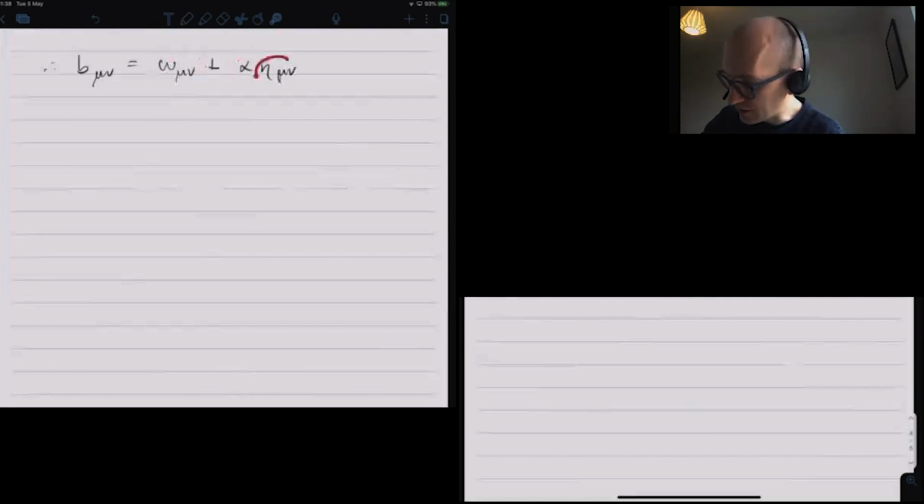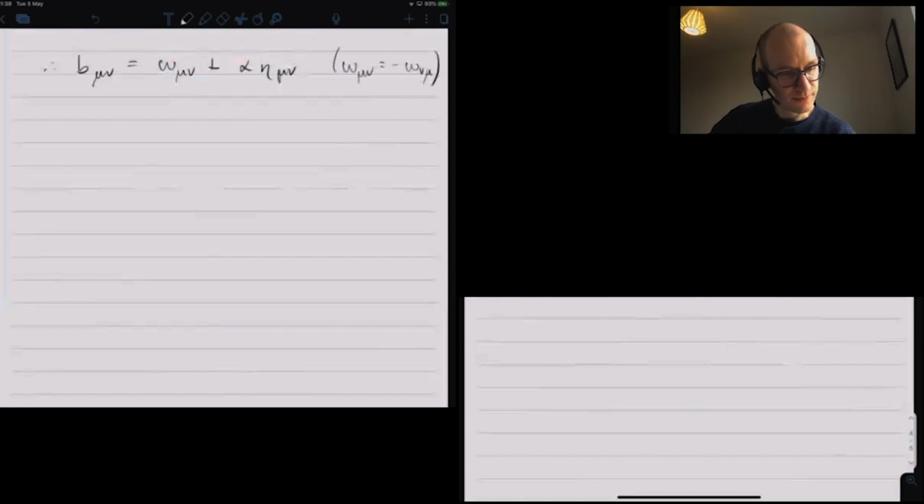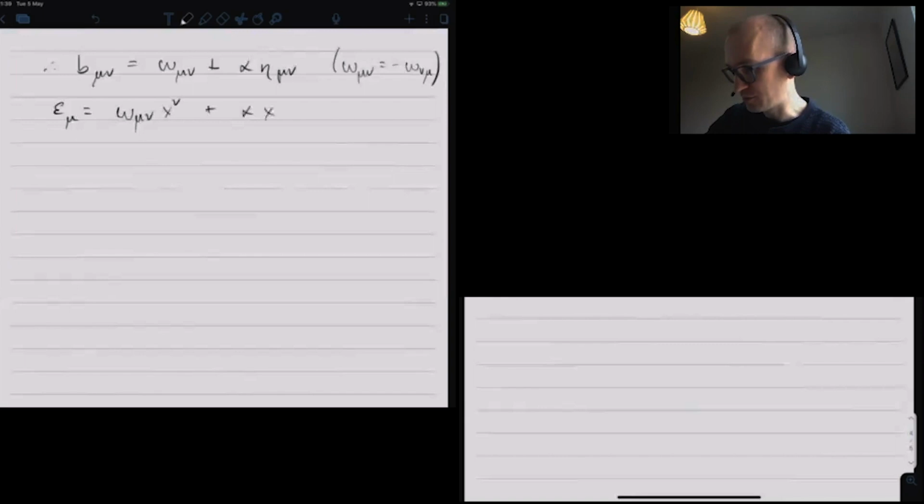So the symmetric part is proportional to the Minkowski metric eta mu nu with a parameter alpha here. So omega mu nu is equal to minus omega nu mu. And so at this order, epsilon mu is equal to omega mu nu x nu plus alpha times x mu.